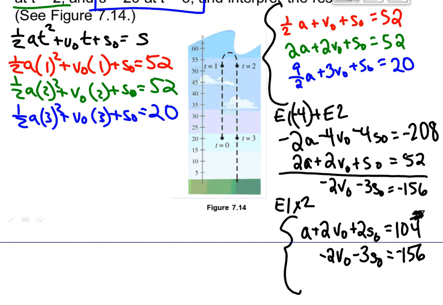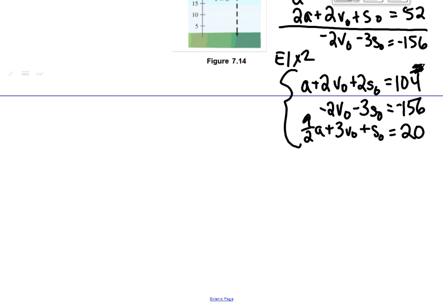So that is going to be 9 over 2a plus 3v sub 0 plus s sub 0 equals 20. And so now I just keep working on that row echelon form. You wanted to leave the fractions, so that means I'm going to take that first row times -9/2, and then I'm going to add that to the third row, leaving that second row as is.